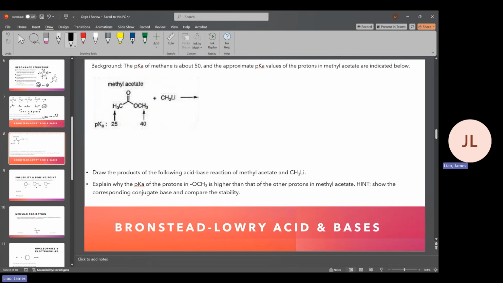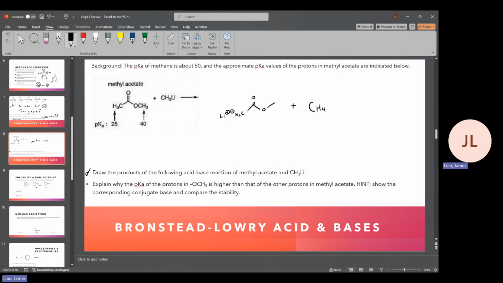So it's going to be an H2C with a lithium metal on top. You can write that down or not. OCH3, which is a methyl group, don't worry, and then a CH4. So we have our products.